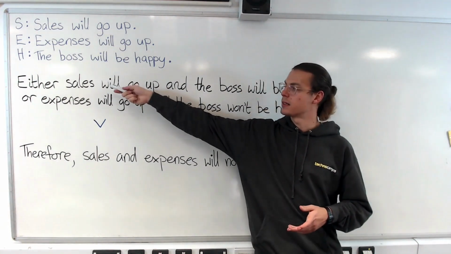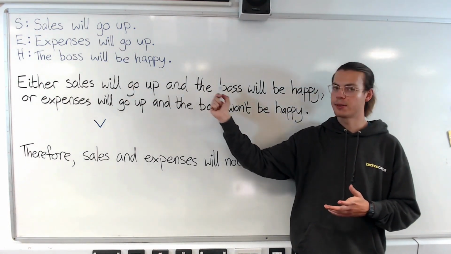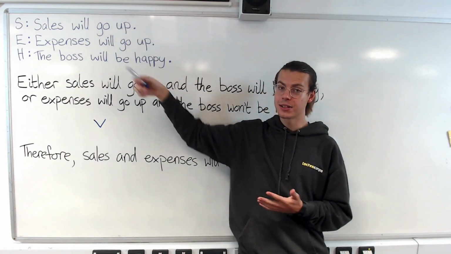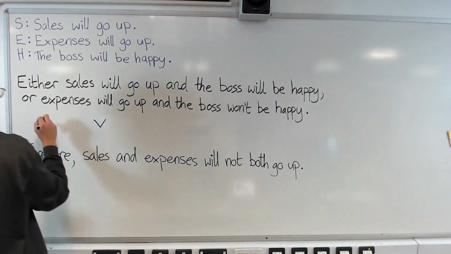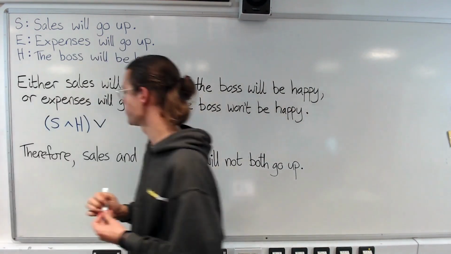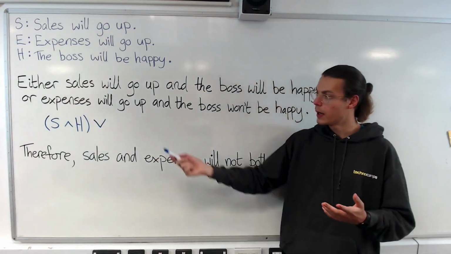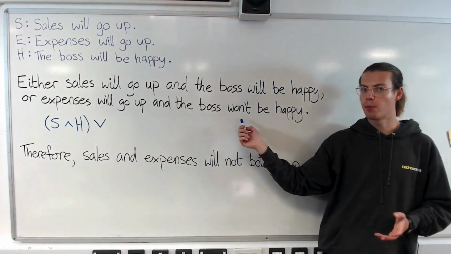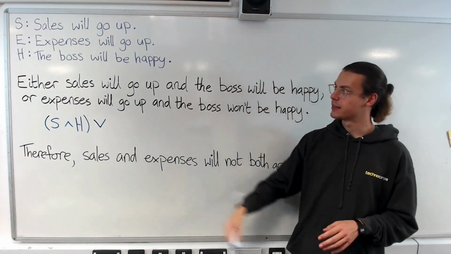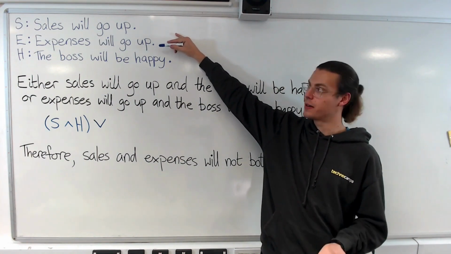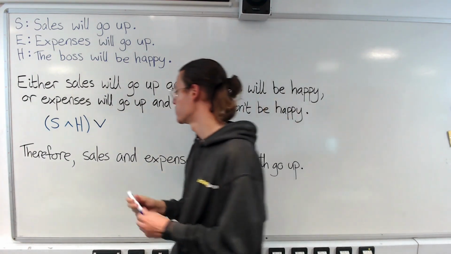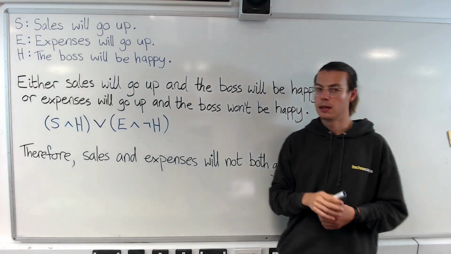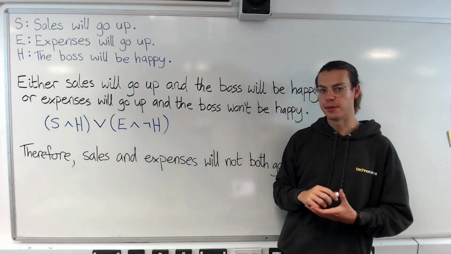Either sales will go up and the boss will be happy, so that's S and H. Or expenses will go up and the boss won't be happy, so that's E and not H. And that's the premise of this argument.